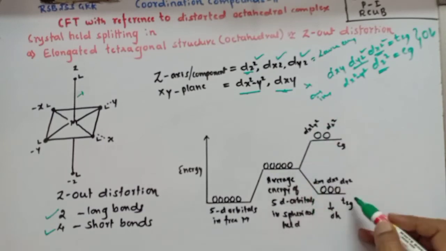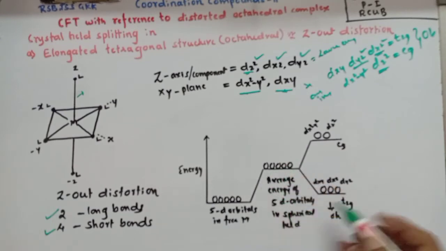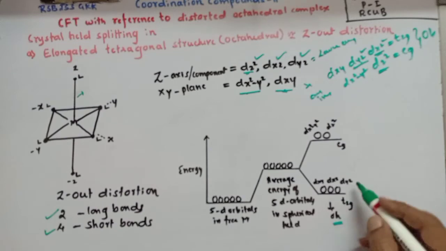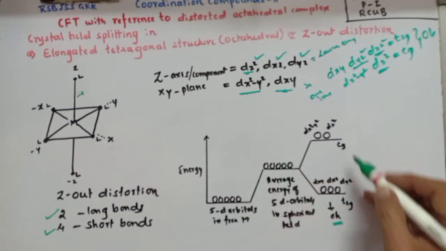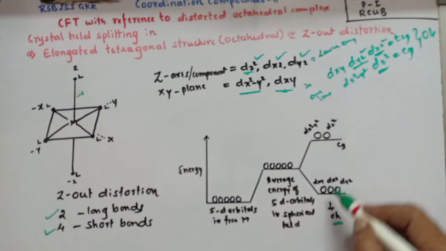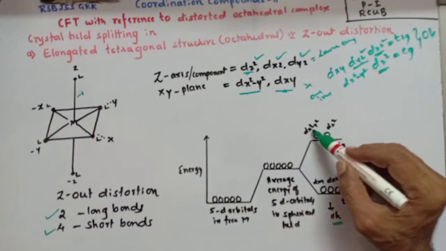From that we can derive the splitting for the elongated tetragonal structure. This is the diagram for the regular octahedral complex. The 5 d orbitals are in the free metal ion, with the average energy in a spherical field, and in an octahedral field they split into T2G and EG orbitals. T2G consists of dxy, dyz and dxz, whereas EG consists of dx square minus y square and dz square.